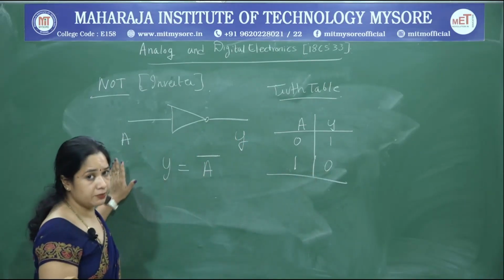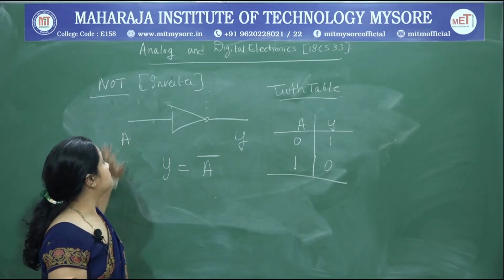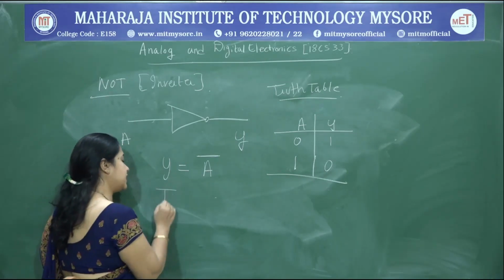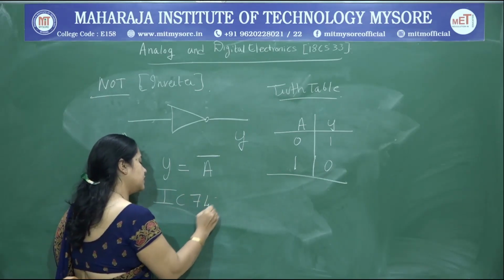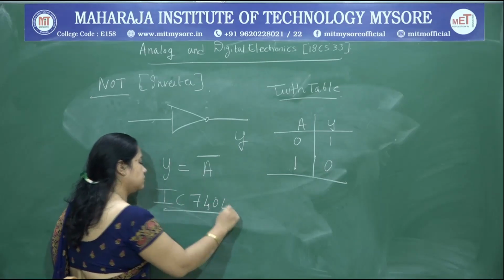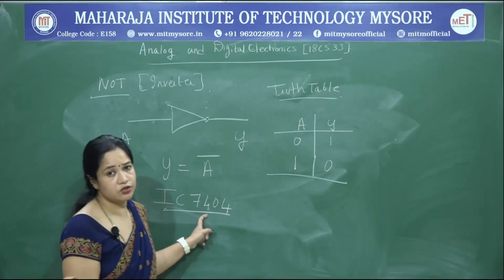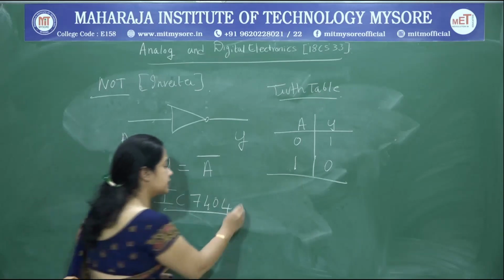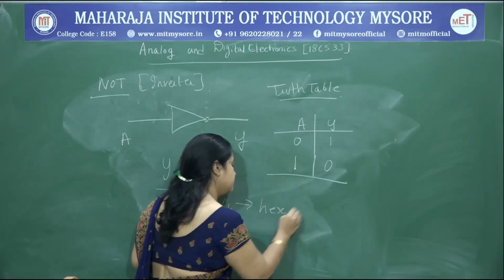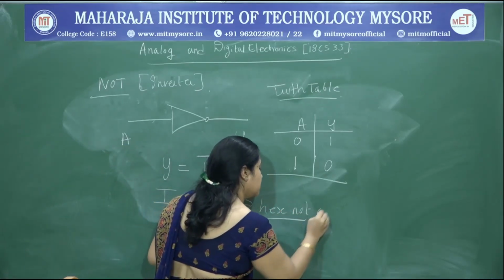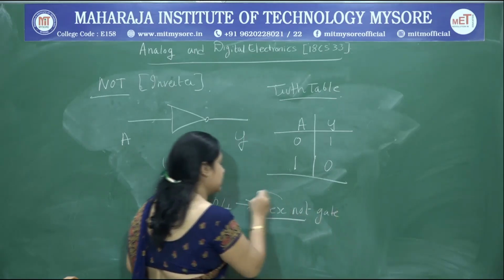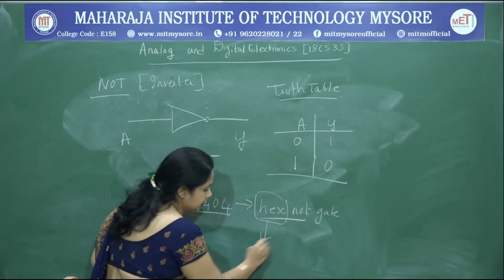Coming to the commercially available NOT gate, we have IC 7404. IC 7404 is an X NOT gate. What is X? X is 6.